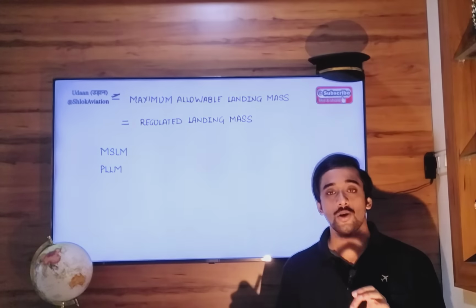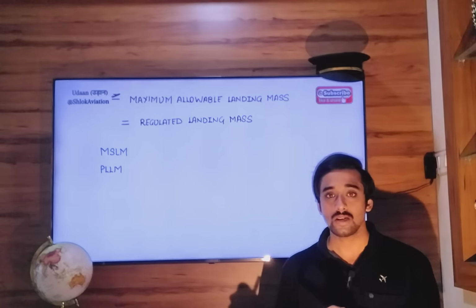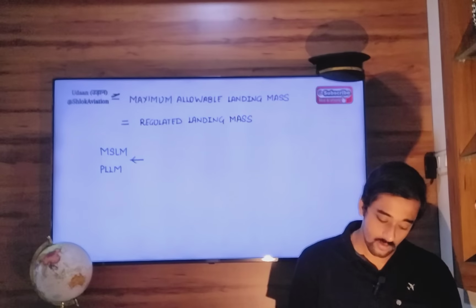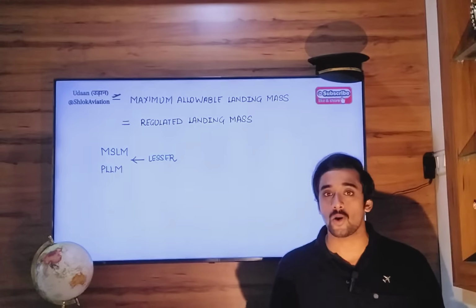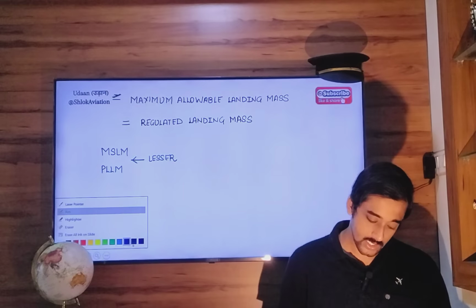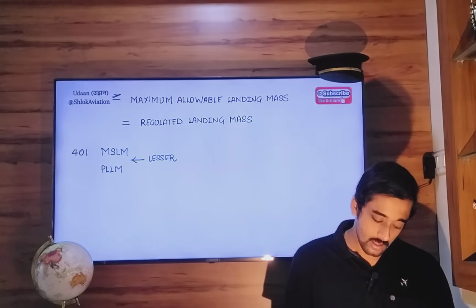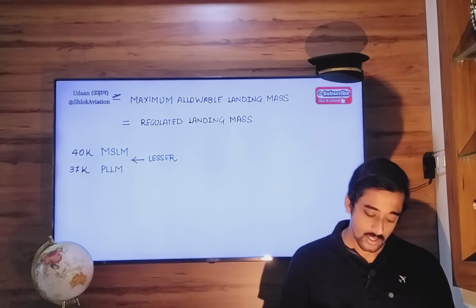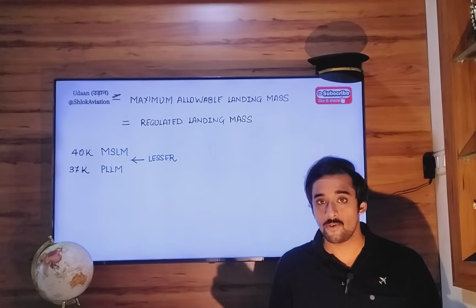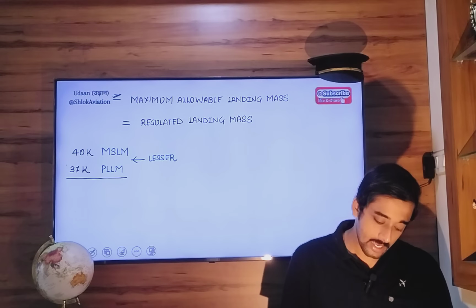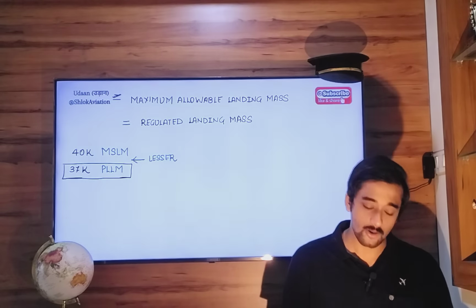Now the landing mass that you are going to select for your consideration will be the lesser of maximum structural landing mass and performance limited landing mass. If maximum structural landing mass is 40,000 and performance limited landing mass is 37,000, the landing mass that you are going to consider in your calculations will be the performance limited landing mass, which is 37,000.